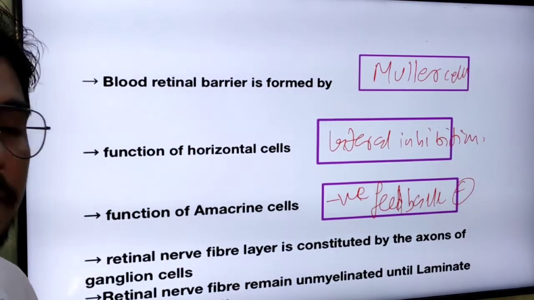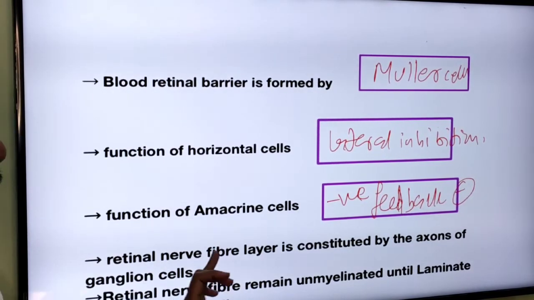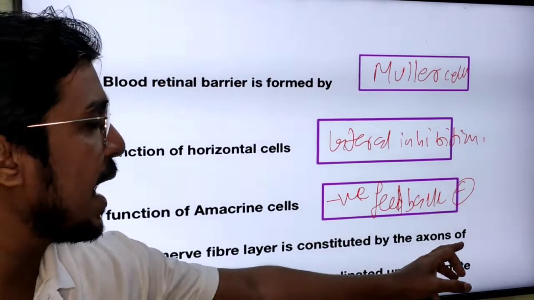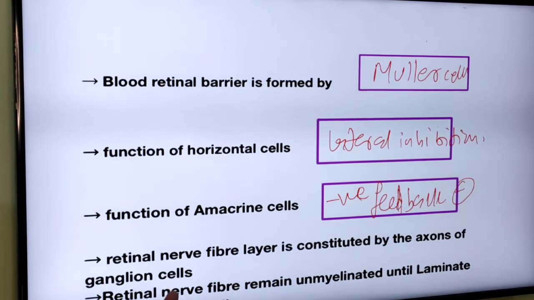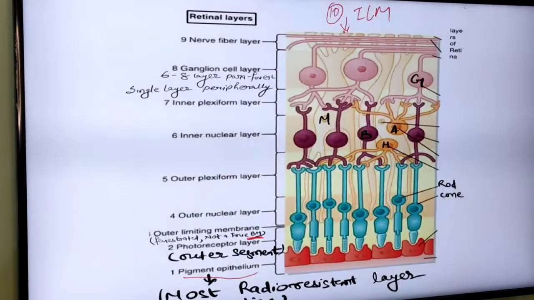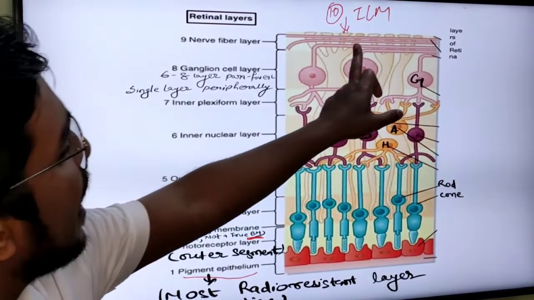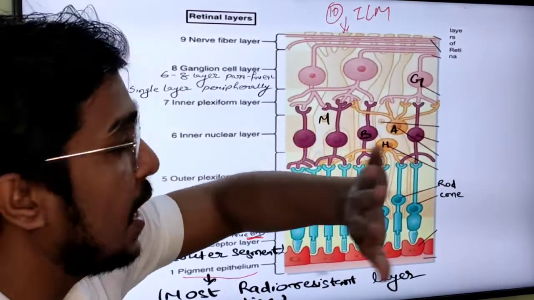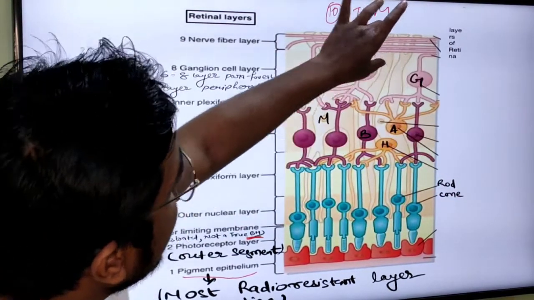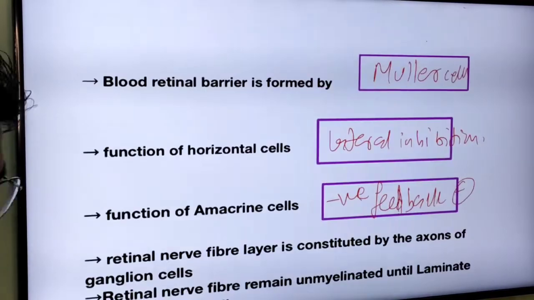This line is very important because I have already shown you that the retinal nerve fiber layer is constituted by the axons of ganglion cells. So no confusion there. Why? Because of the parallel arrangement of the ganglion cell axons, which form the nerve fiber layer. Got it?